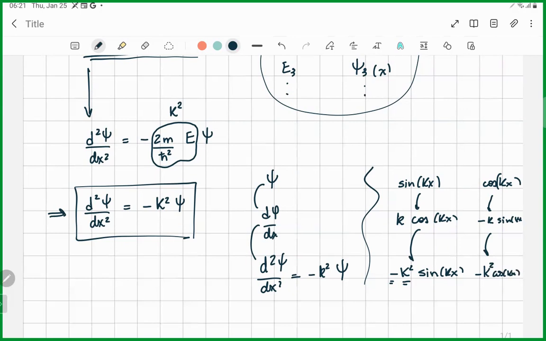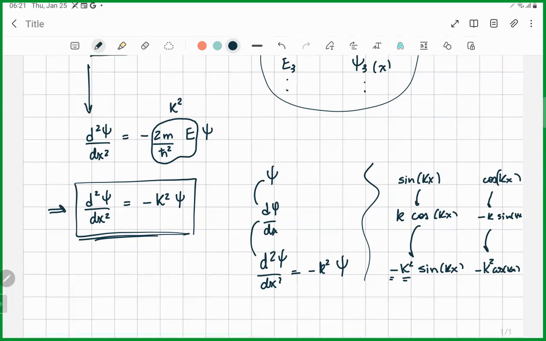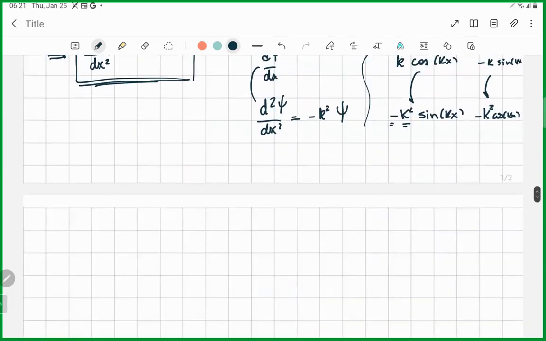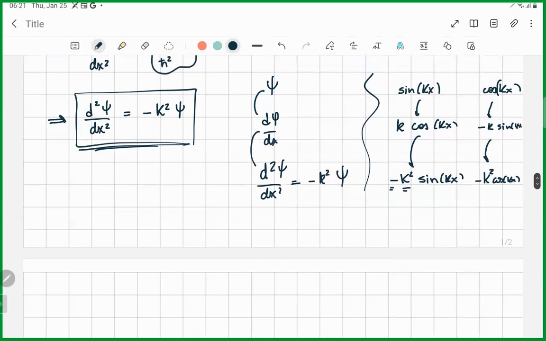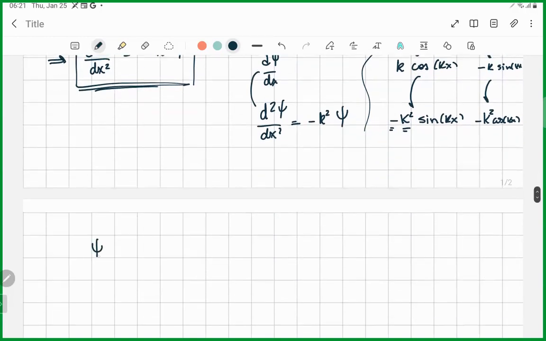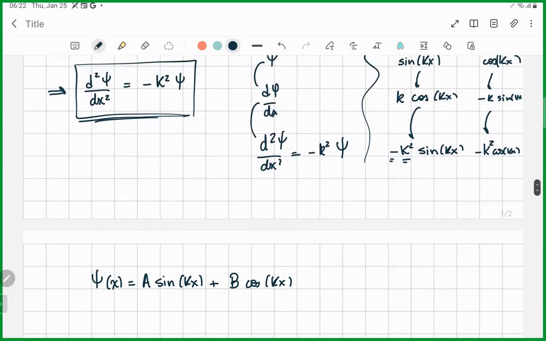So this is the solution for this equation, a sine or a cosine, and then you may wonder which one am I going to use? Well, we are going to use a linear combination of both, because if sine is a solution and cosine is a solution, the linear combination, where big A and B are constants, will also be a solution of that equation.